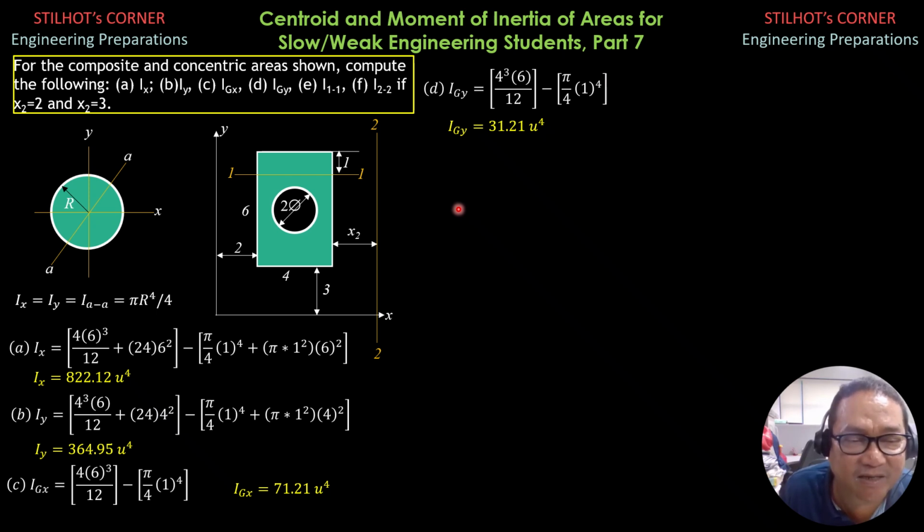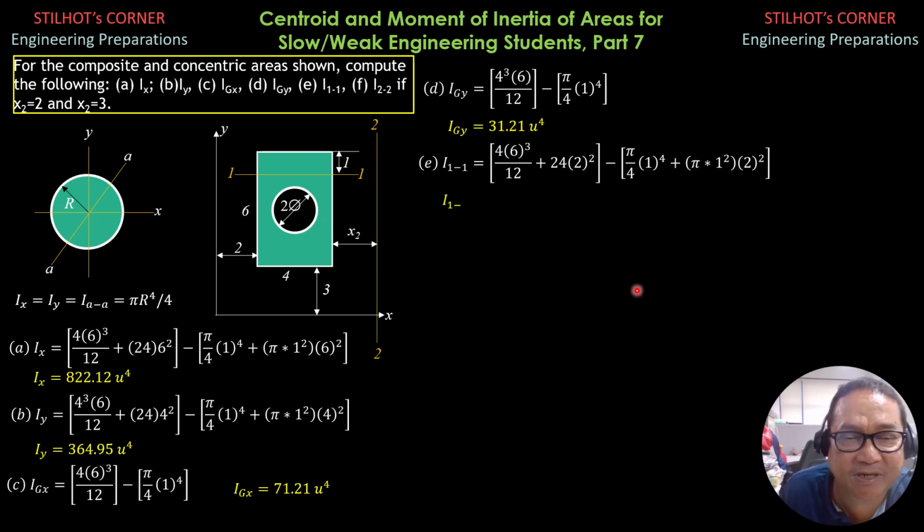So it is 4 times 6 cubed over 12 plus area 24 times 2 squared. Remember, 2 is 3 minus 1. Then minus pi over 4 times 1 to the fourth, plus area pi times 1 squared. Distance is the same, 2 squared. So I11 is equal to 154.65 units to the fourth.